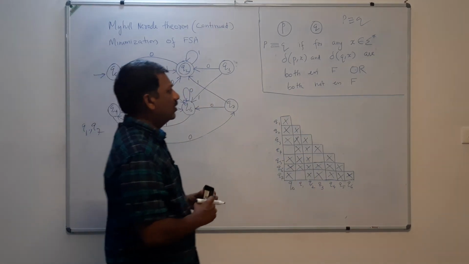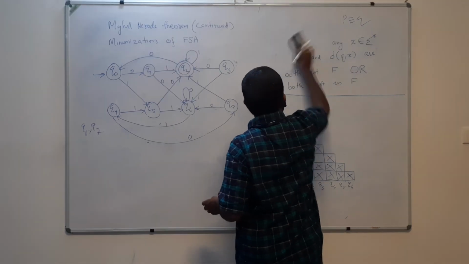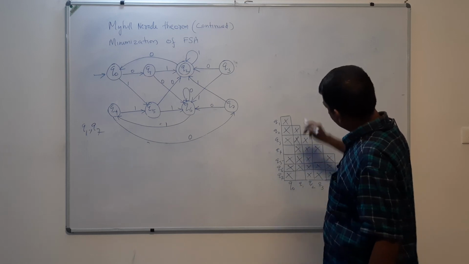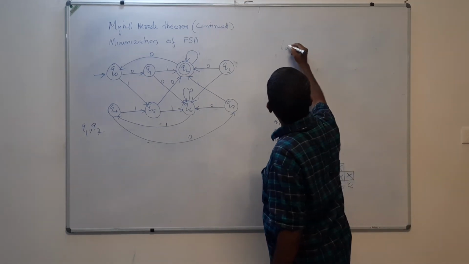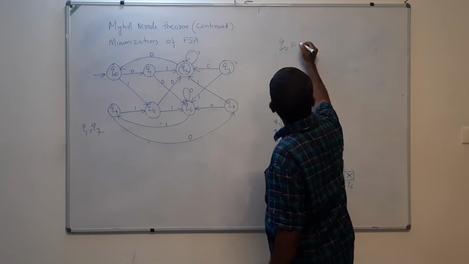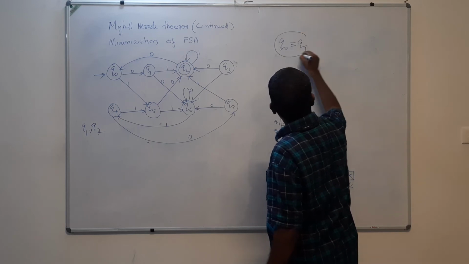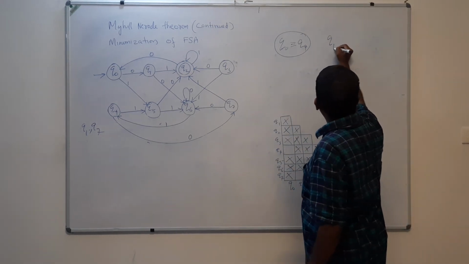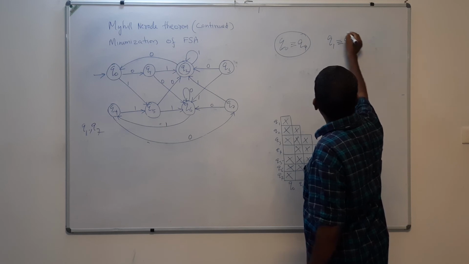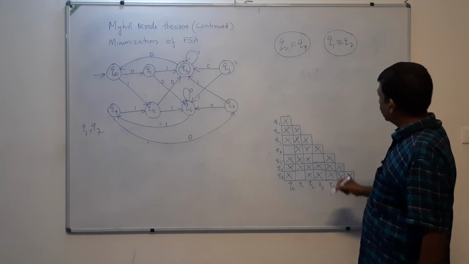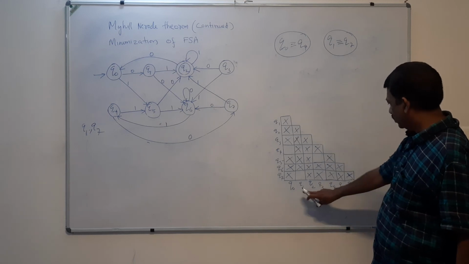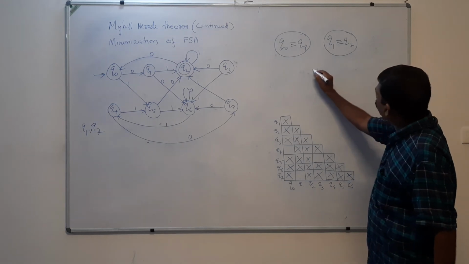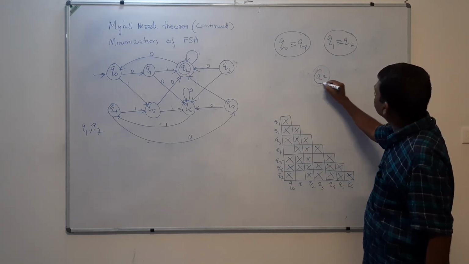So at this point, we can conclude that Q0 is equivalent to Q4. Then Q1 is equivalent to Q7. And Q2 is the final state.